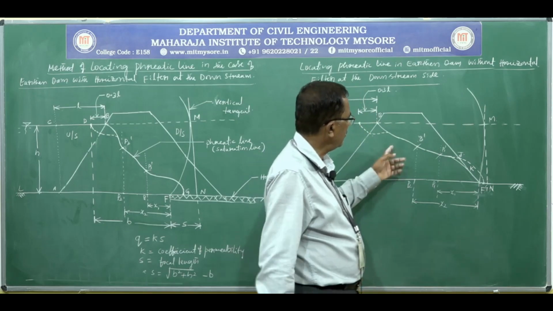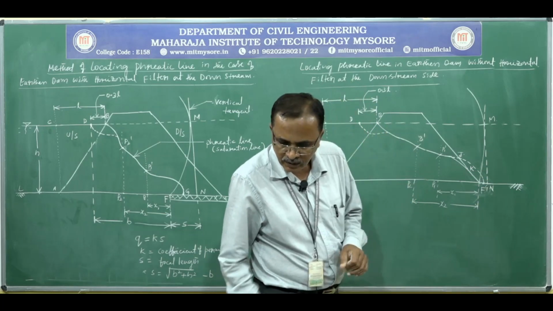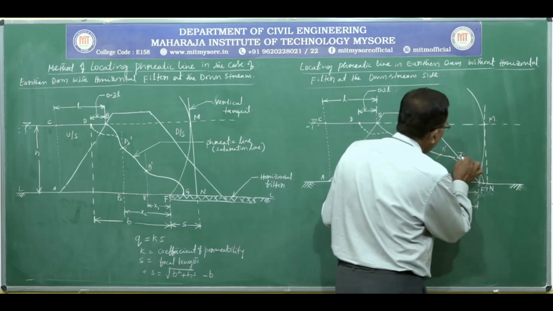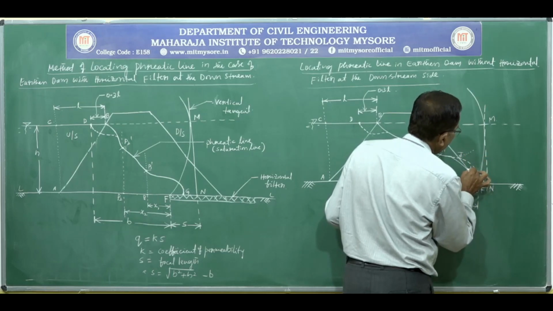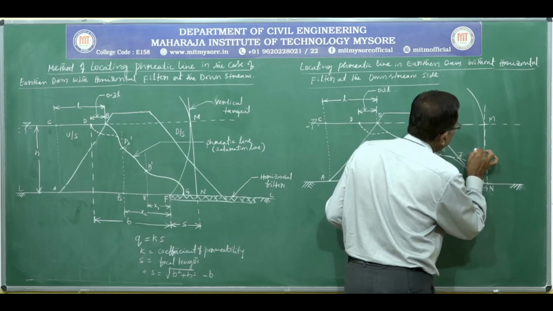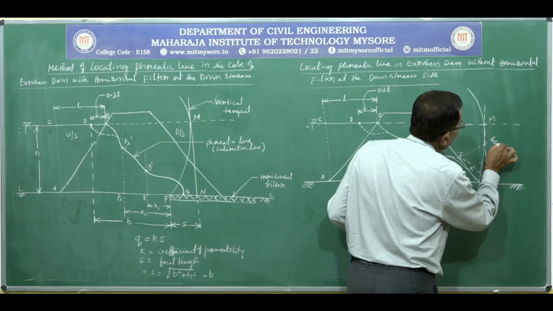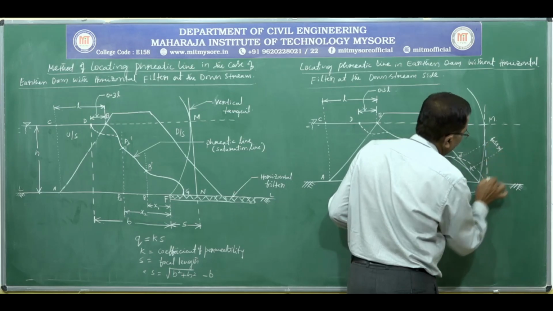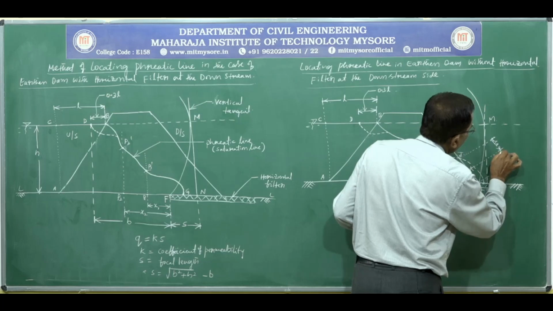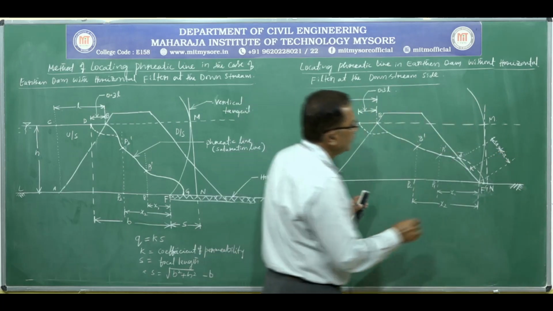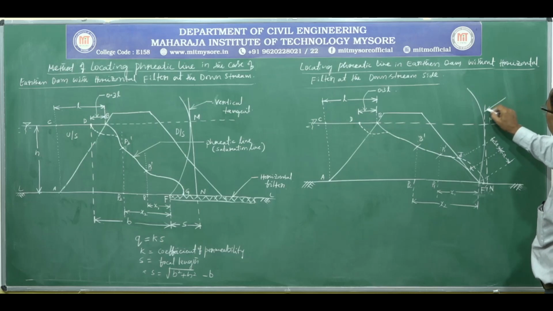The amount by which the curve is shifted can be obtained by using Casagrande's graphical solution, and this is called delta A. So this is a vertical tangent.